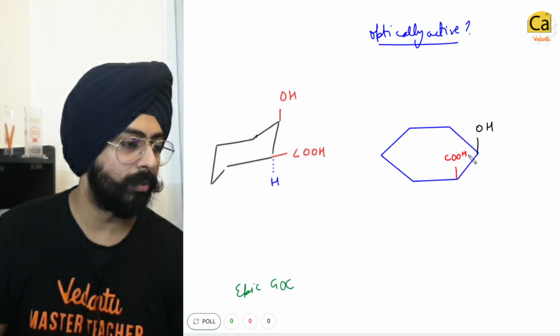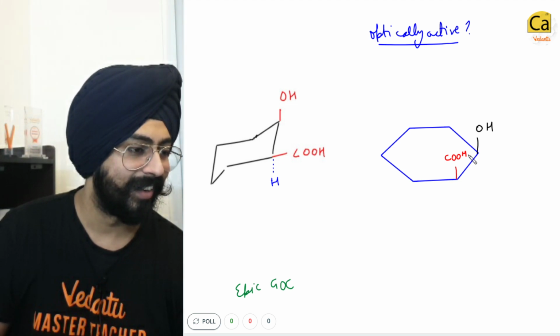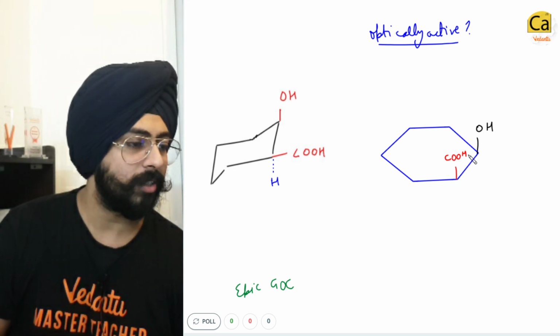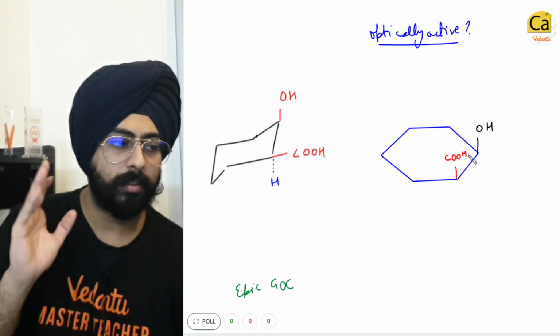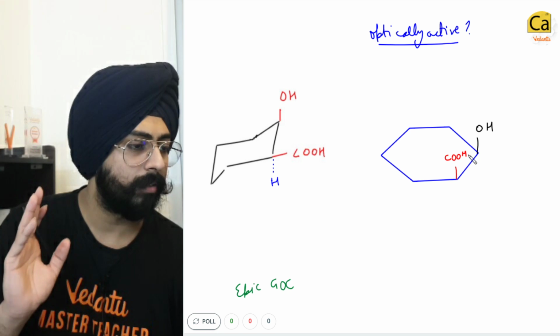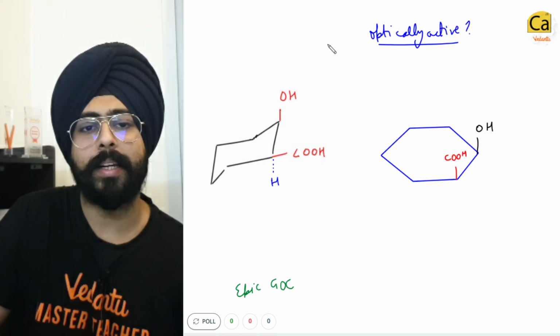Kundan is here to sing songs and dance. Kundan, sort your priorities in life, bro. ठीक है. Dilip, I might have missed your chat, sorry. चलो जी, तो Rakesh is saying it is optically active. Okay, Shirish is saying it is not optically active.